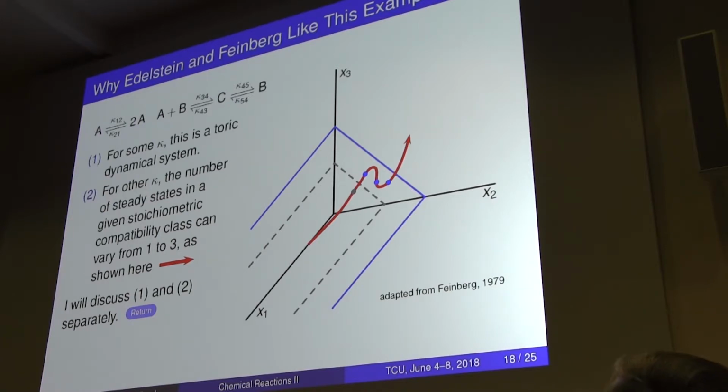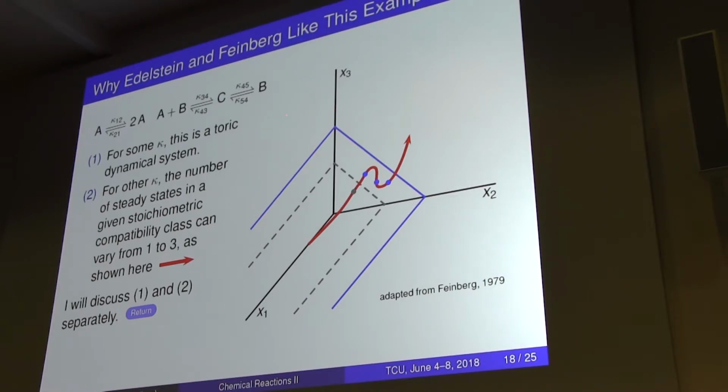And it turns out that for some choices of the rate constants, this is a toric dynamical system. And of course, when that happens, you know that every stoichiometric equivalence class, or compatibility class, is going to have a unique steady state. But for other kappas, the number of steady states in a given stoichiometric compatibility class can vary from 1 to 3.